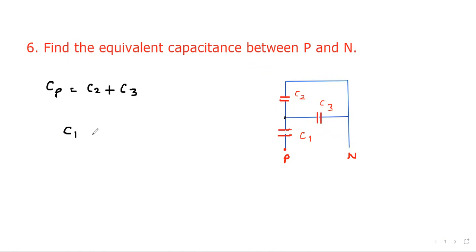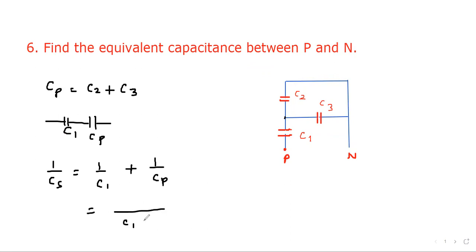So, it is C1 in series with Cp. So 1 upon Cs will be equal to 1 upon C1 plus 1 upon Cp, which will be equal to (Cp plus C1) upon C1 into Cp.